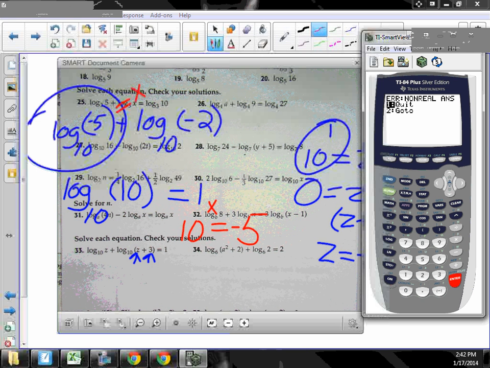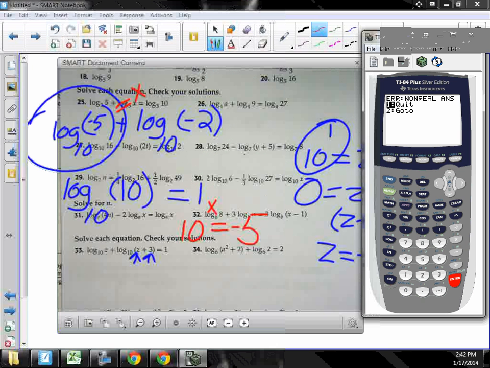So how many 10s do I need to line up before I reach a negative number? It's impossible. If your base is positive, no matter what your exponent is, whether your exponent is negative or a fraction or a whole number, we can change the size of the 10. We can keep multiplying by 10 to make it bigger.